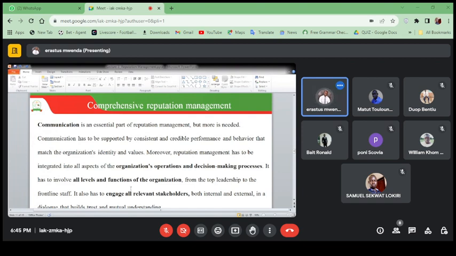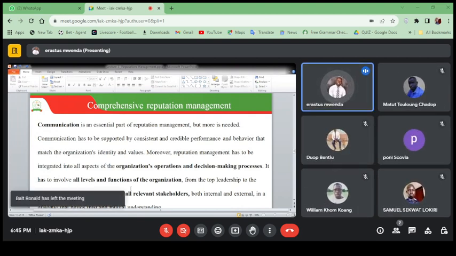The key reason we are doing comprehensive reputation management is we want always to maintain a positive perception of the work that we are doing. We need to have people comment positively about our services, understand our services, and be able to refer other people to come and receive similar services.